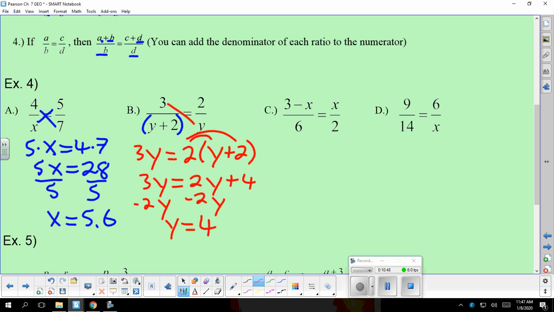The next one, this is where one of those tricks will be helpful. I'm going to switch places with these two. So I get 2 over 6 equals x over 3 minus x. So what I do, I can switch the top and bottom together. Why would I want to do that? I can simplify this now, right? 2 over 6 simplifies to 1 over 3.